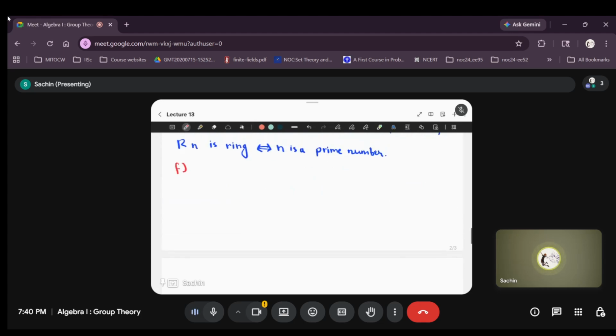The next set is the set of numbers of the form a by 2 to the power n, so that a is an integer and n is a natural number.